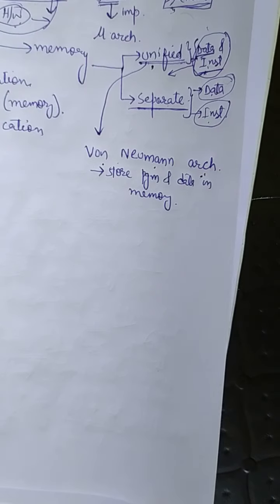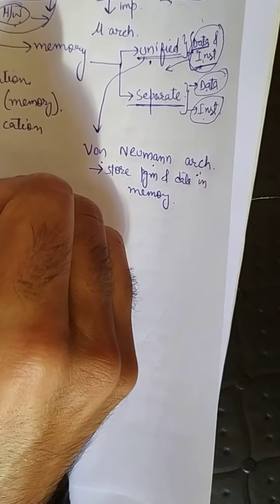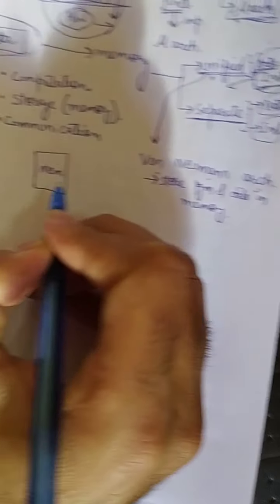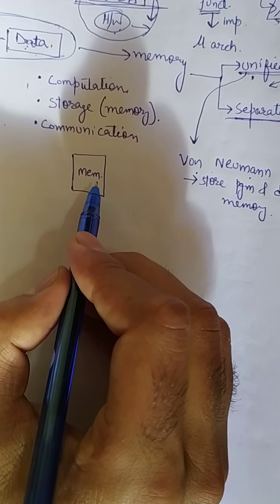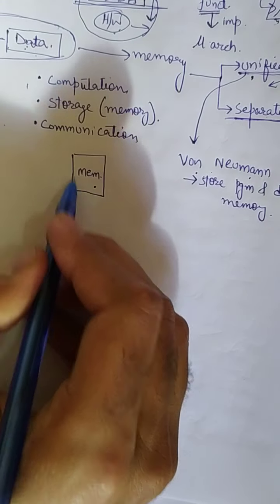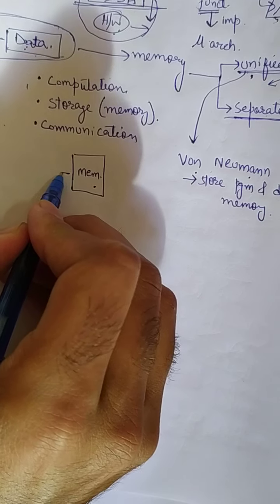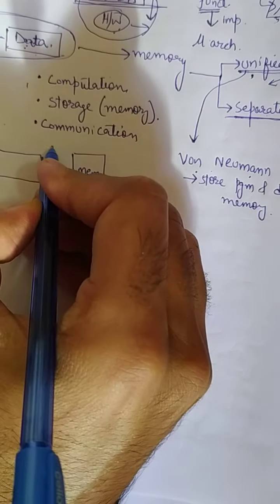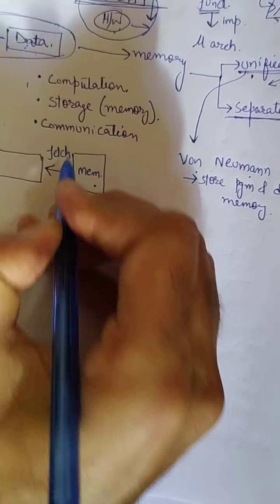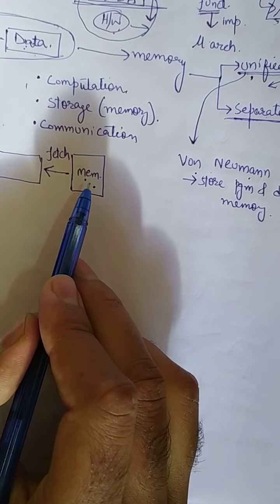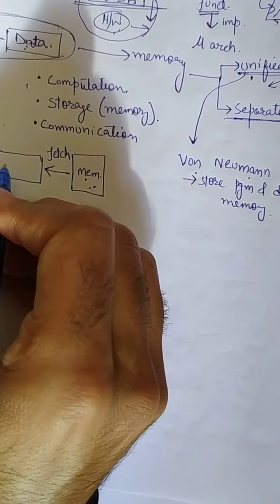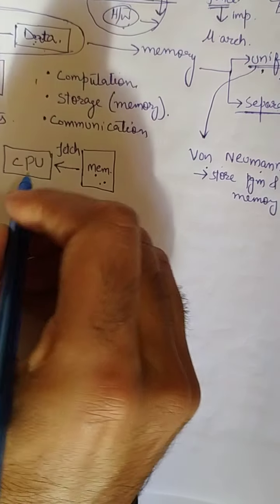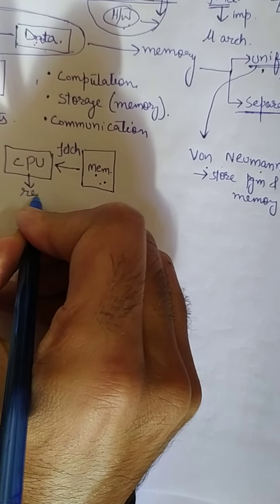And after storing program and data in memory, let's say this is my memory, and we have both data and instructions stored in this memory. We have to take the instructions and data from this memory. This is called fetching. We have to fetch instructions and data from the memory to the CPU. Then the CPU executes those instructions and gives the results.